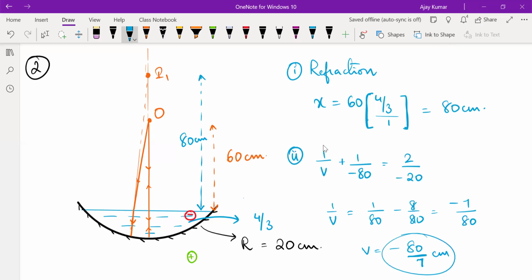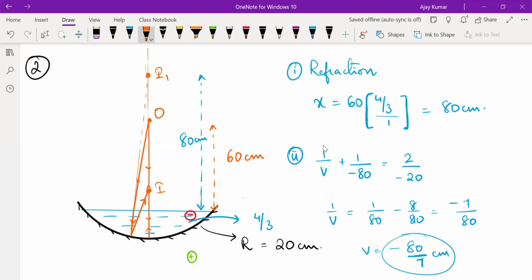Negative side is the upper side. So after reflection from the mirror, the light rays meet here.